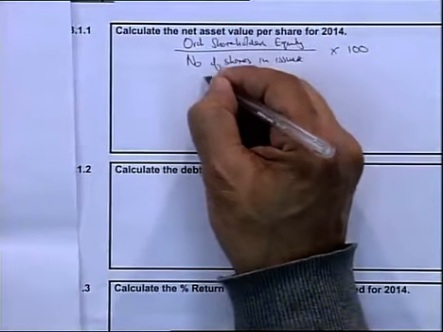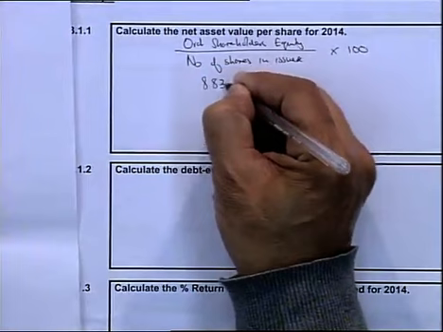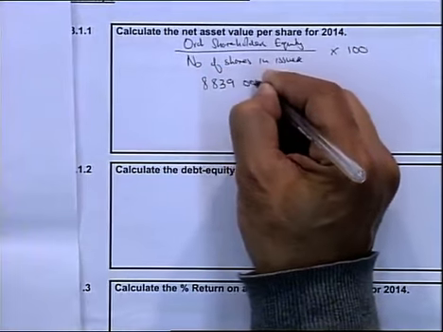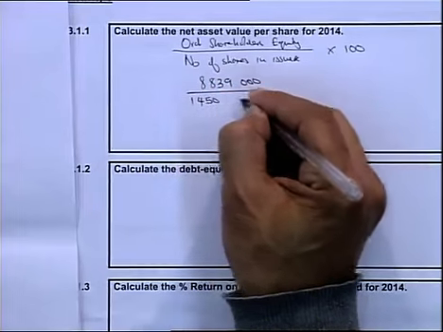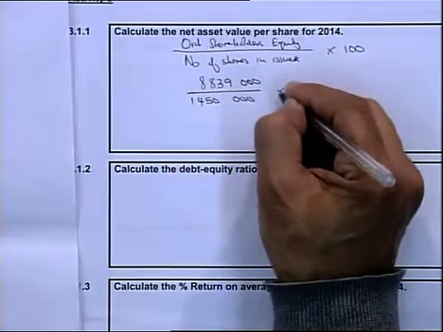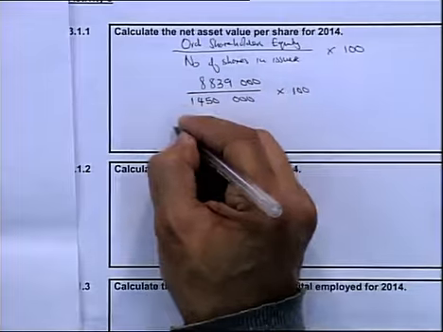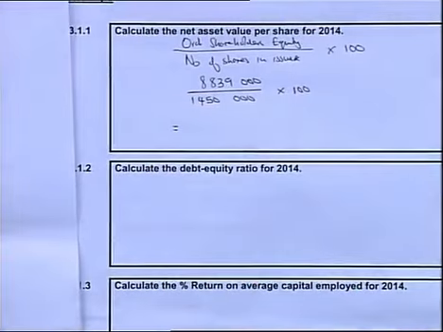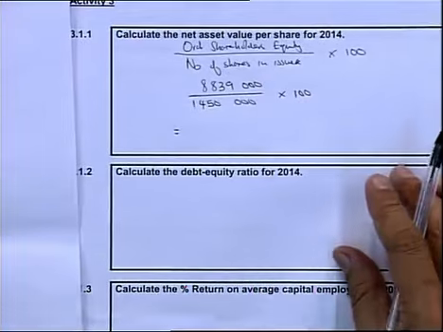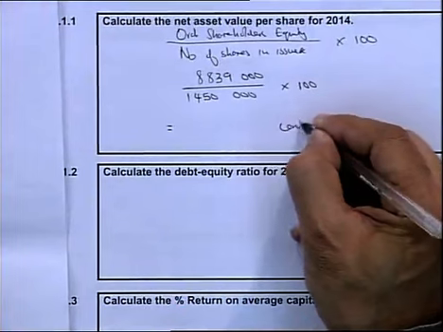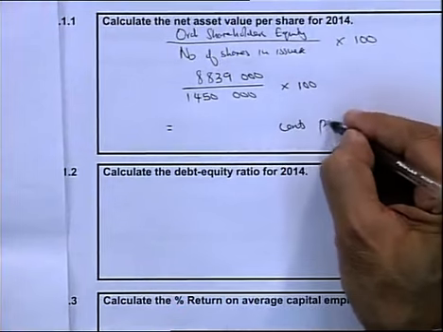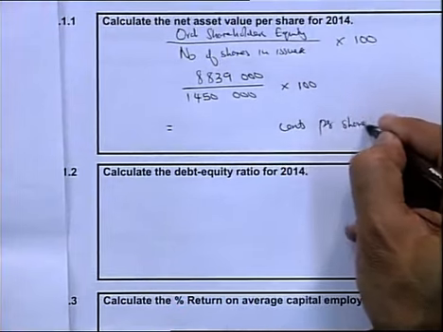So it's 8,839,000 over 1,450,000. Multiply with 100, and then we calculate. Okay, simple, straightforward calculation. Just remember that your answer has to be in cents per share.